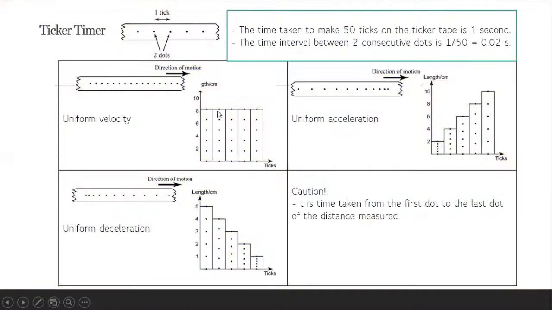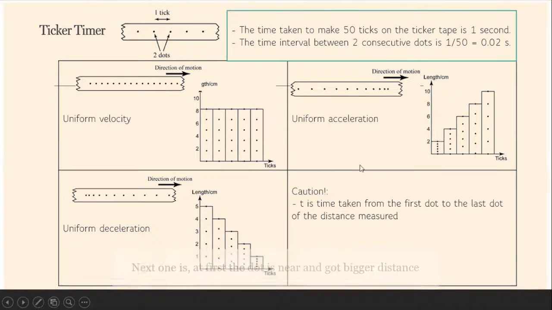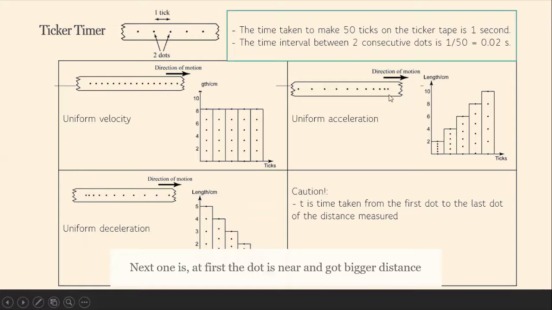So these are some of the conditions that I took. For this one, you see the dots are uniform at the same distance. So from this we can say that the velocity is in a uniform state. Next one, at first the dots are near and then they get a bigger distance.